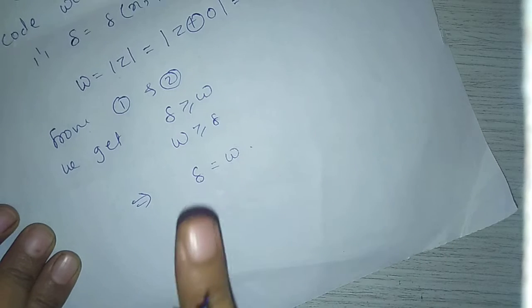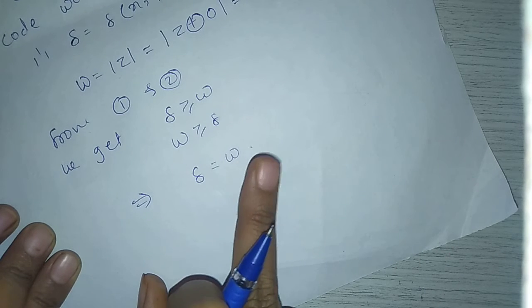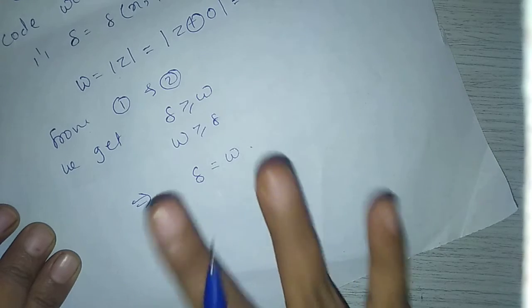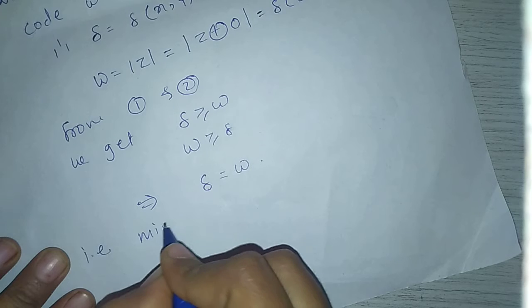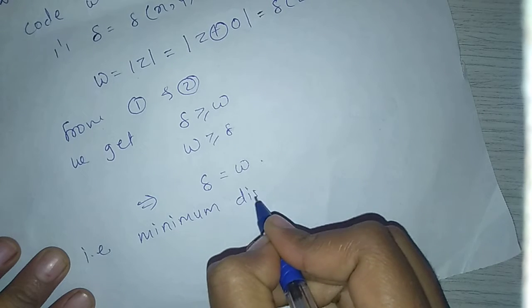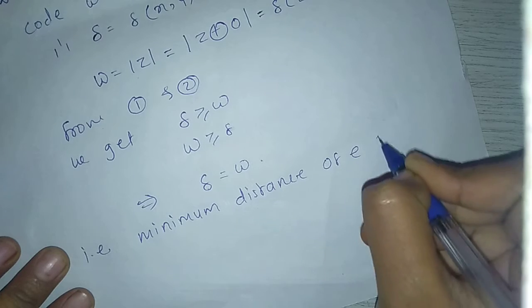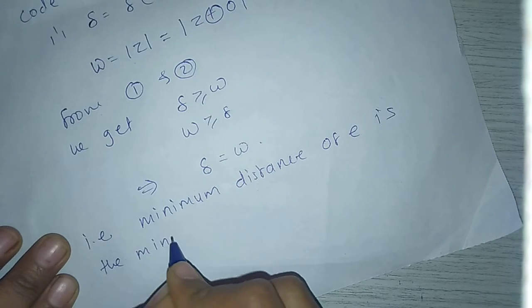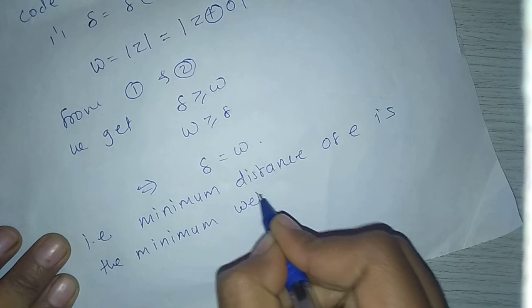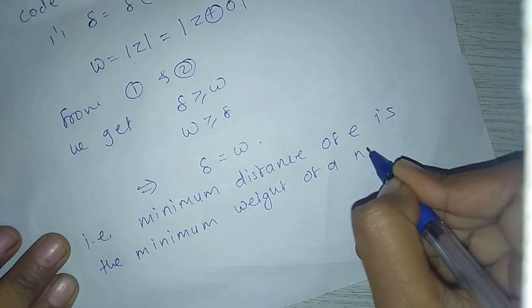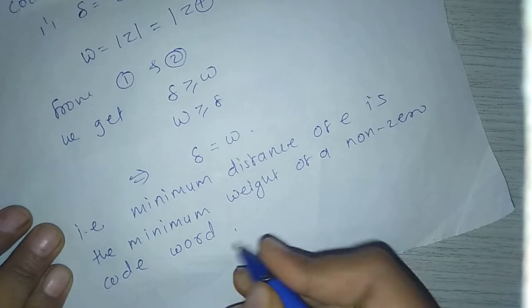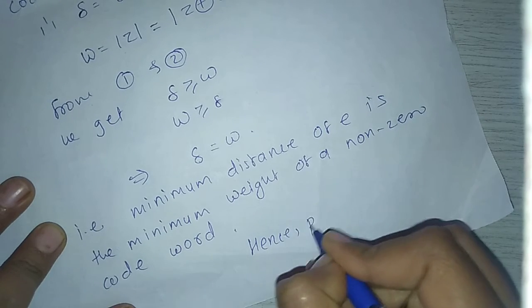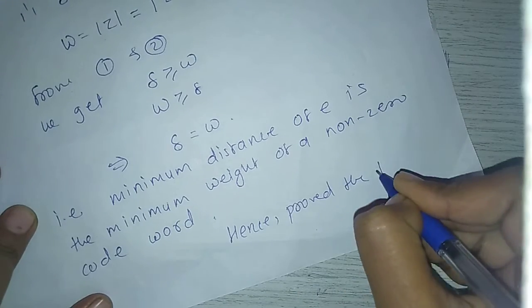Delta equal to w means delta is the minimum distance of E and w is the weight of a non-zero code word, and these two are equal, means the minimum distance of E is the minimum weight of a non-zero code word. Hence we prove the theorem.